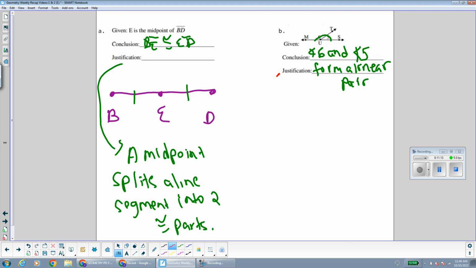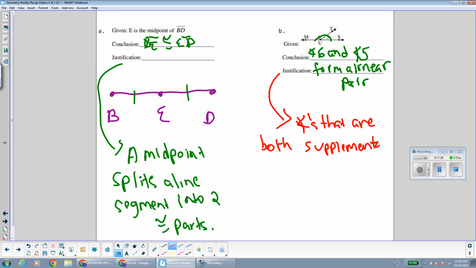And I'll put my justification down here. Angles that are both supplementary and adjacent form a linear pair.